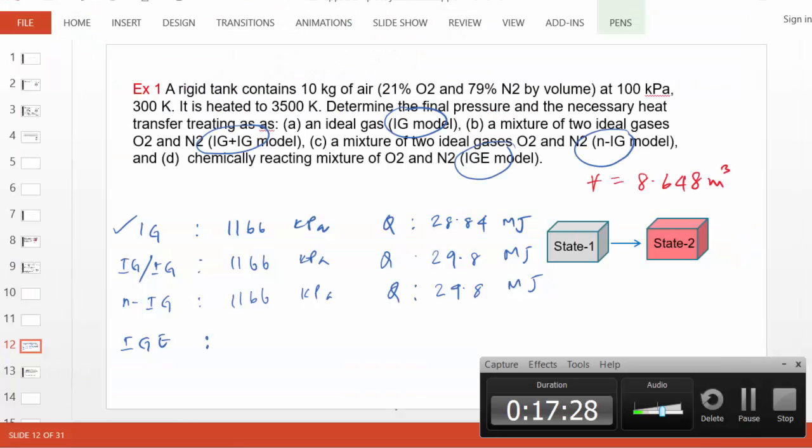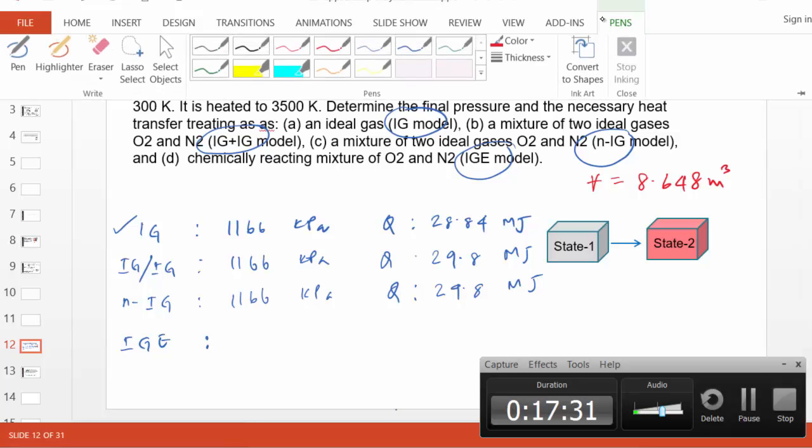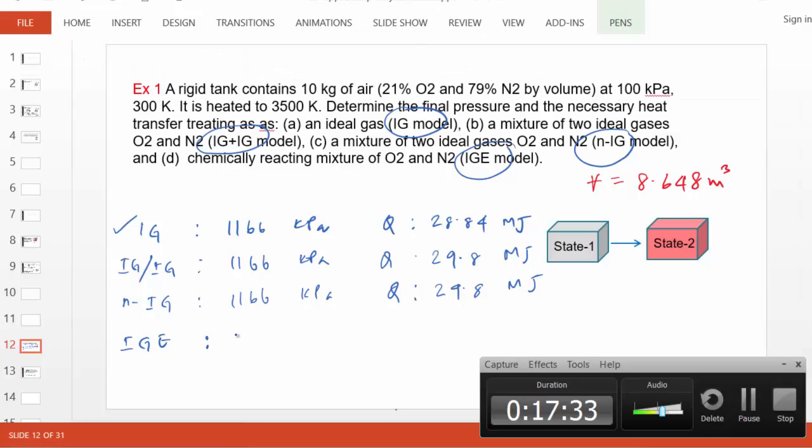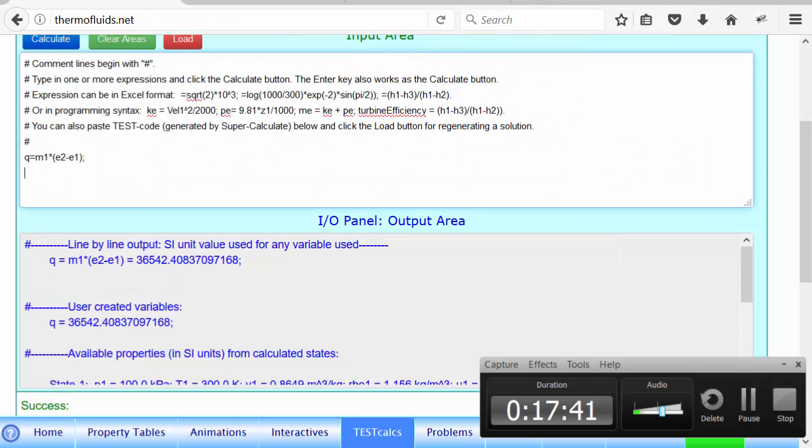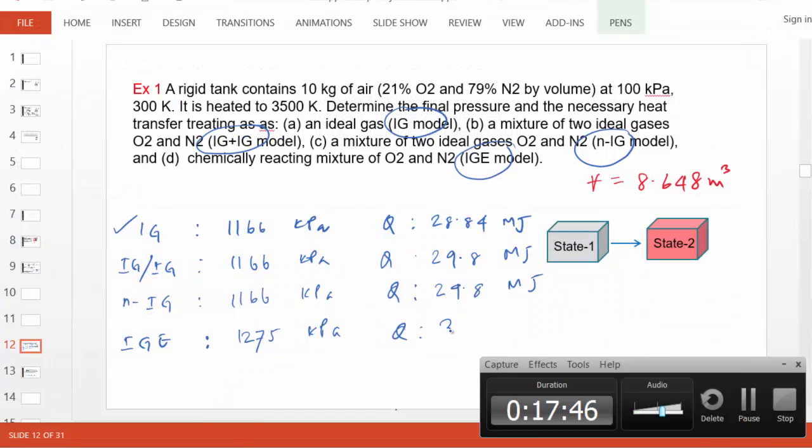So our conclusion is that with the IGE model, the pressure is something like 1275 kPa, and Q increased to 36.54 million joule.